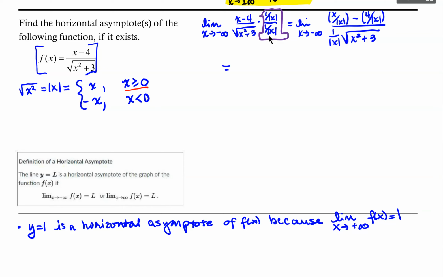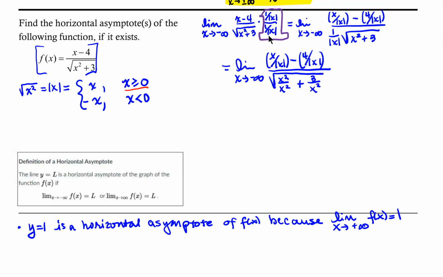So this is going to be the limit as x approaches negative infinity of x over absolute value of x minus 4 over absolute value of x, divided by the square root of x squared over x squared plus 3 over x squared.